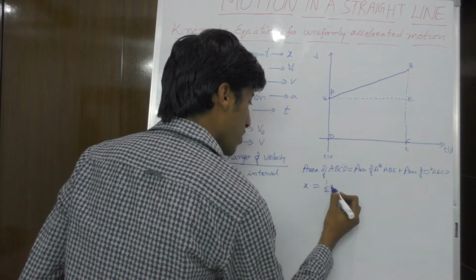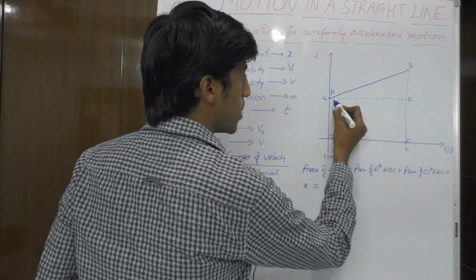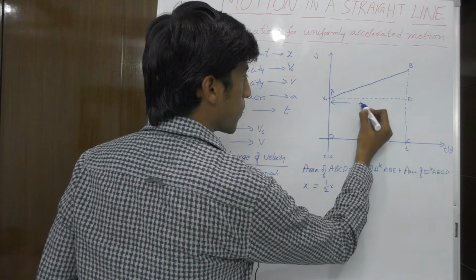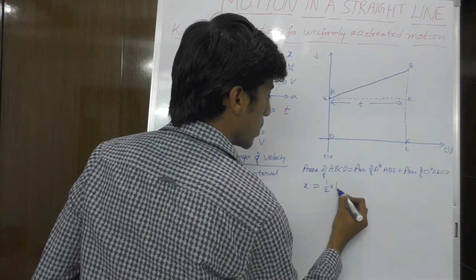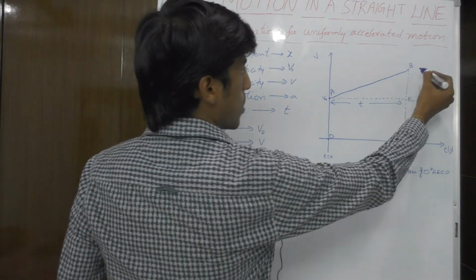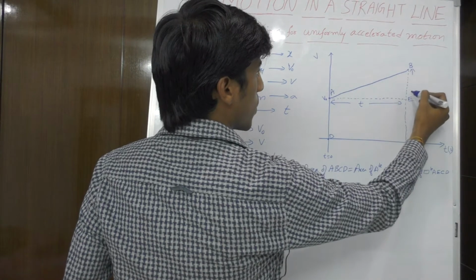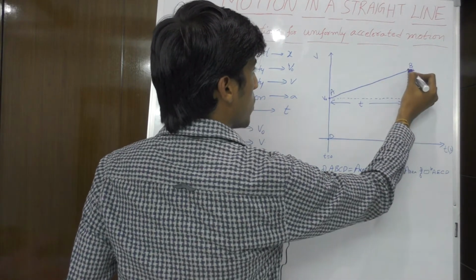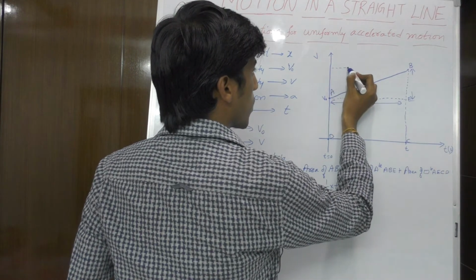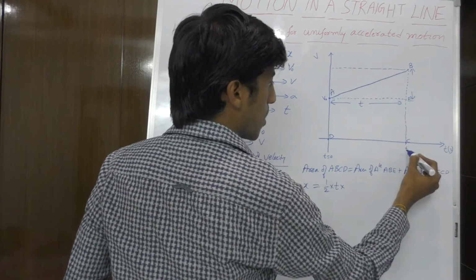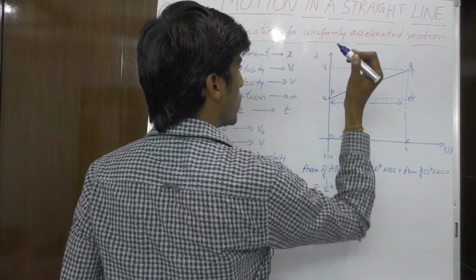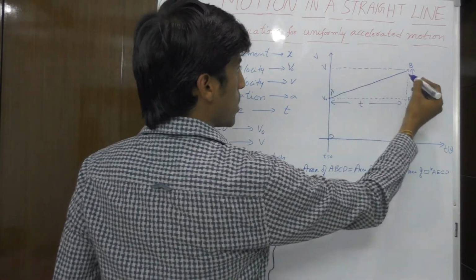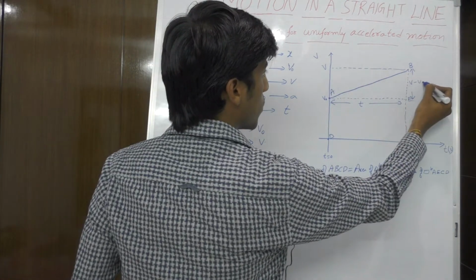The base length is nothing but t, so t into height. This is the height of this particular triangle, and we have this point as v. At time t the velocity is v, and this length is nothing but v minus v naught.